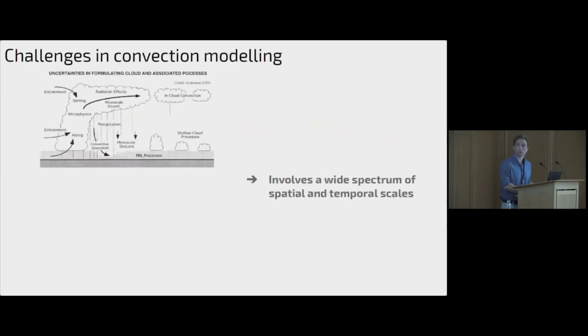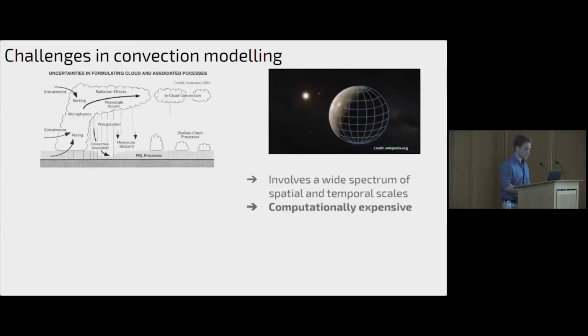So why does modeling convection have such a big impact? Well, because as we heard from Alison this morning, modeling convection is quite challenging. It has a lot of feedbacks, and also involves a wide spectrum of spatial and temporal scales.